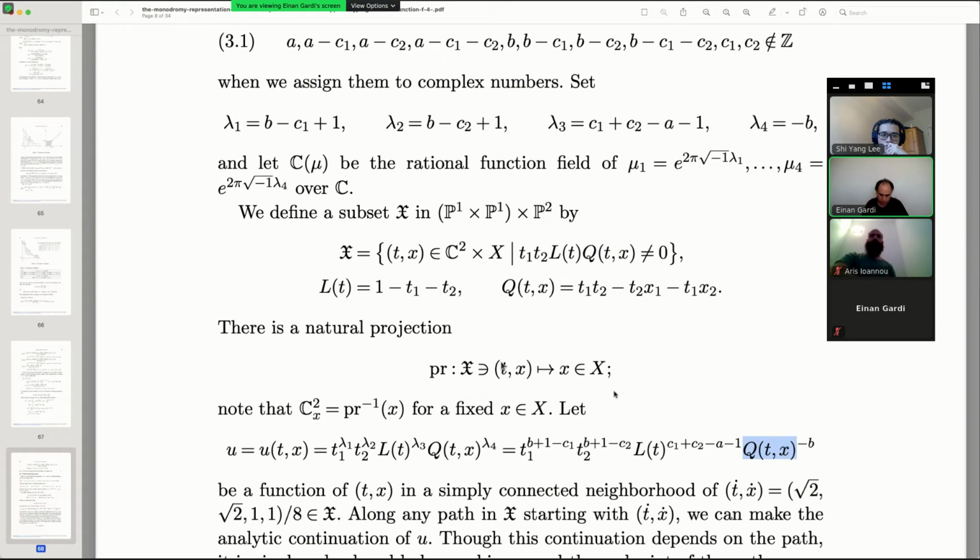We know that this one is positive in the integration region.